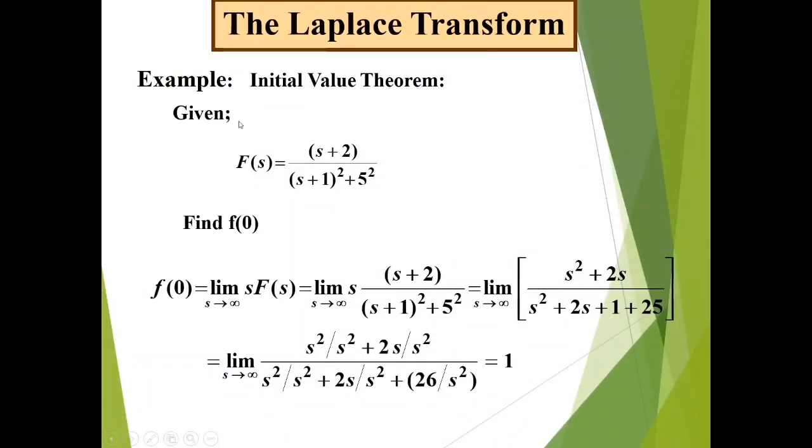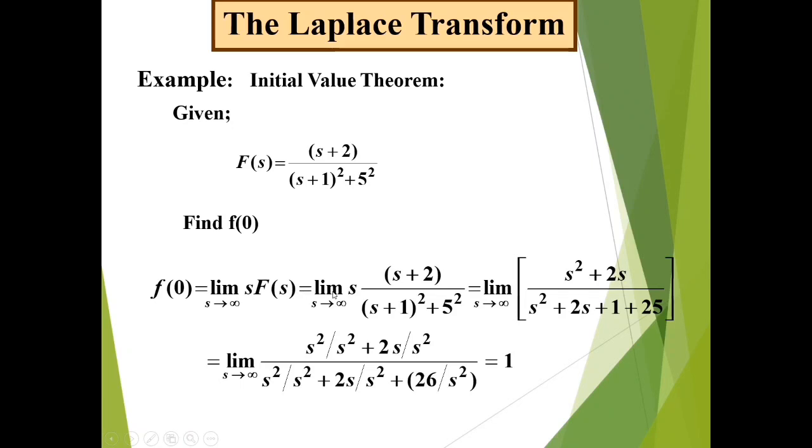Now, an example for the initial value theorem. Given F of s is equal to (s plus 2) by (s plus 1) the whole square plus 5 square, find f of 0. Since we have to find f of 0, we have to use the initial value theorem here. The formula: f of 0 is equal to limit s tends to infinity s into F of s.